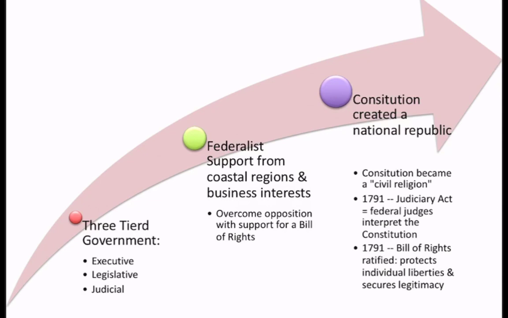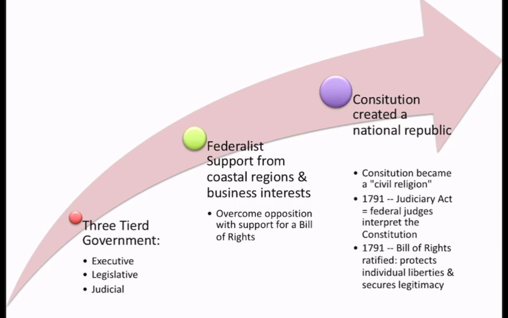And again, we'll talk more about this later. And then another big issue is in 1781, the Bill of Rights is ratified, right? It protects individuals' civil liberties and secures the legitimacy of the government with the U.S. Constitution.